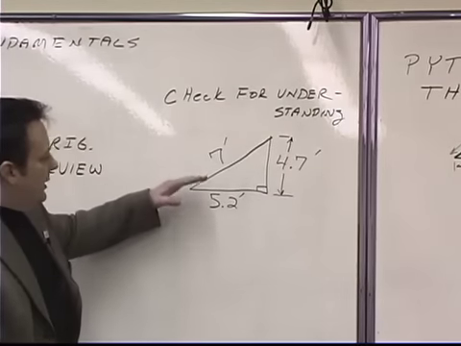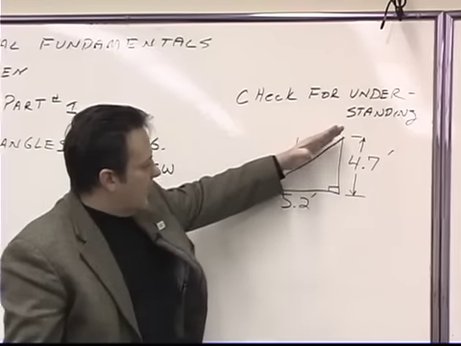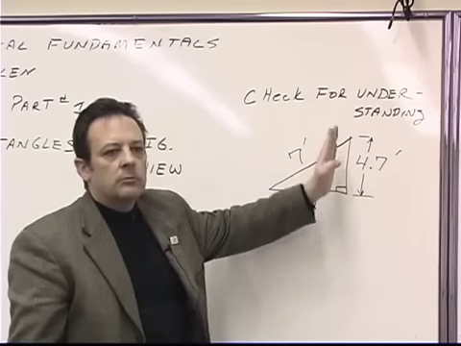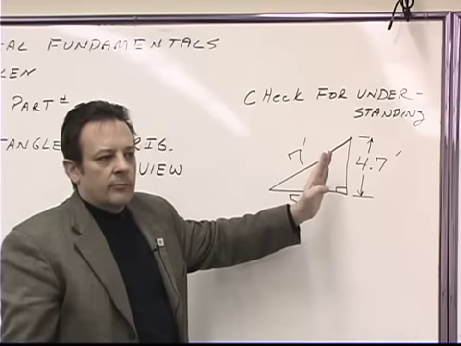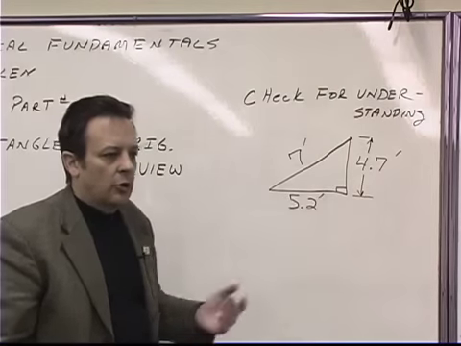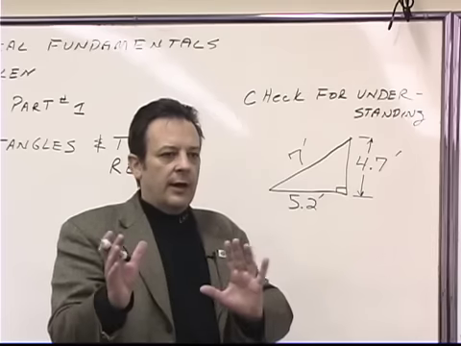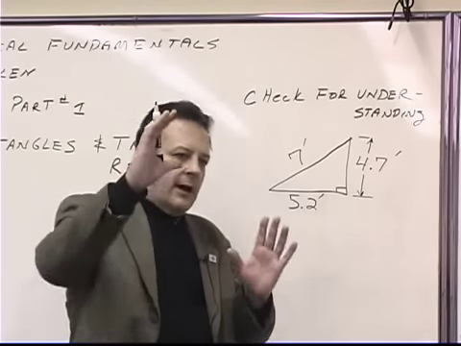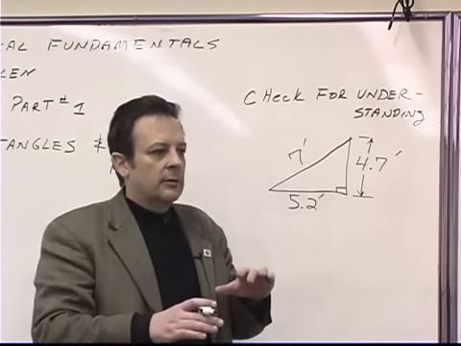And a lot of people like to think of this as a ladder leaning up against a wall. Because OSHA requires there to be a certain rise-run ratio so that the ladder doesn't fall down when you climb up it. Okay?